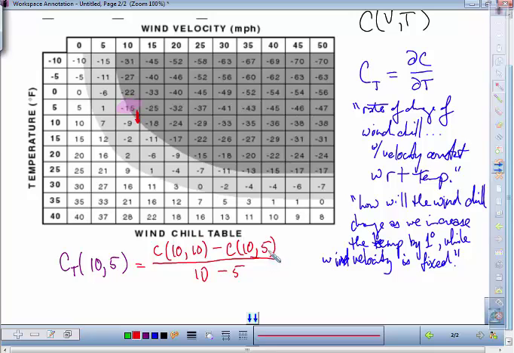Where am I getting these numbers from? So it's the change in the wind chill divided by the change in the temperature. So the wind chill values would be on the table, and then the temperature values would be on the side.